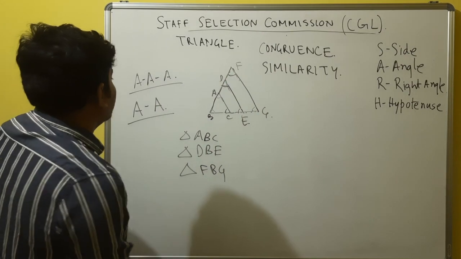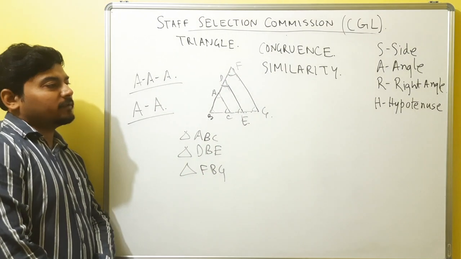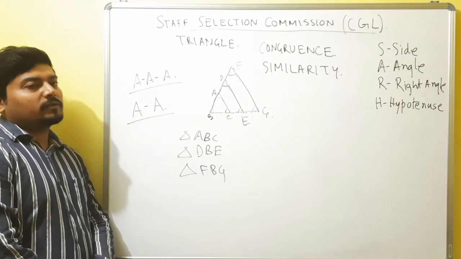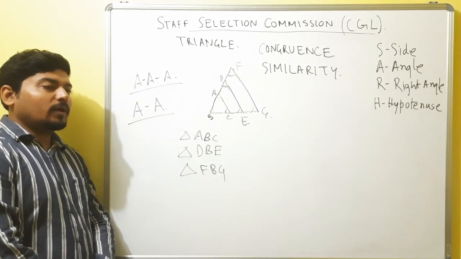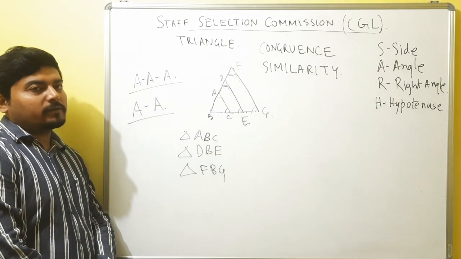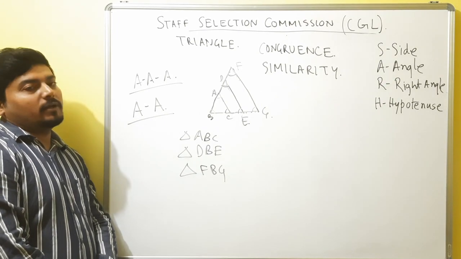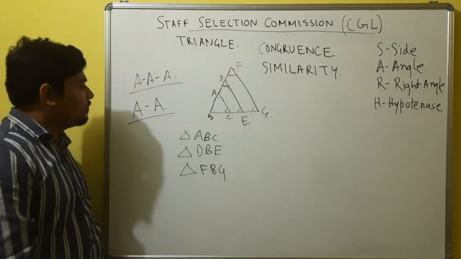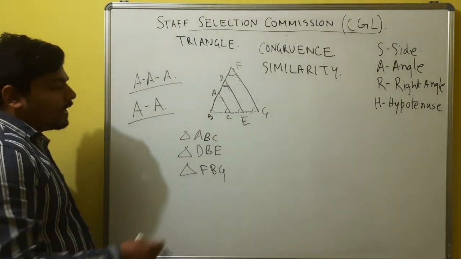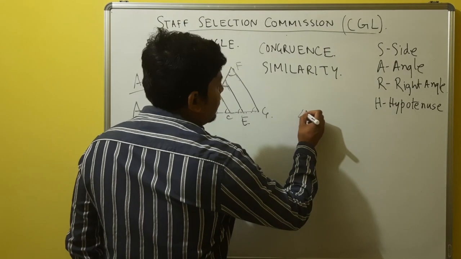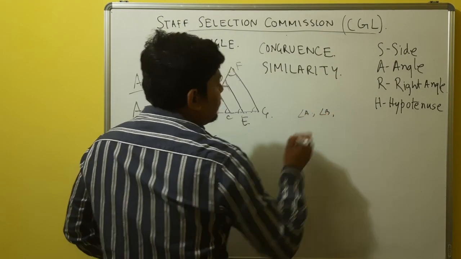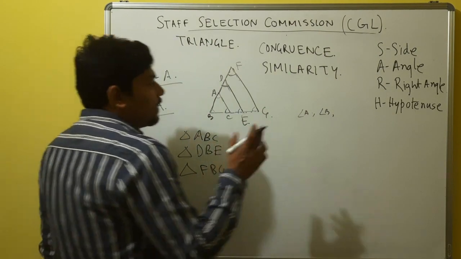If not three, but only two angles of one triangle are matching with two angles of another triangle, then also we are going to say that these triangles are similar. You know why? Because if two angles, let's say one angle is A, another angle is B, what would be the third angle? Let's say C. What would be the value?